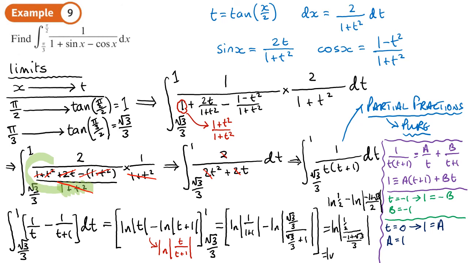And that simplifies. If you do half divided by that, we get natural log of 1 plus root 3 over 2. That'll be our final answer there.